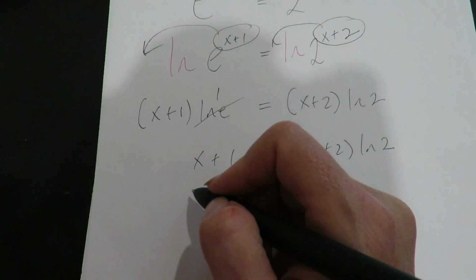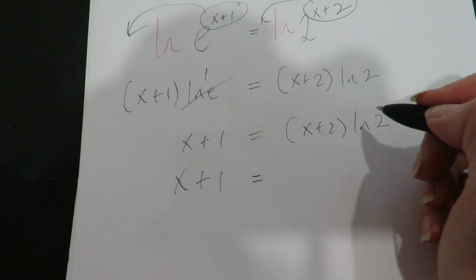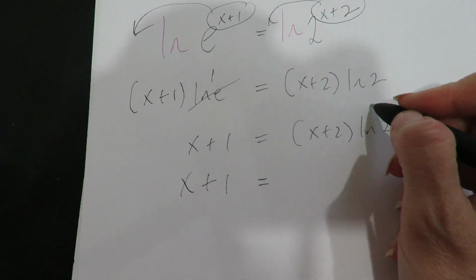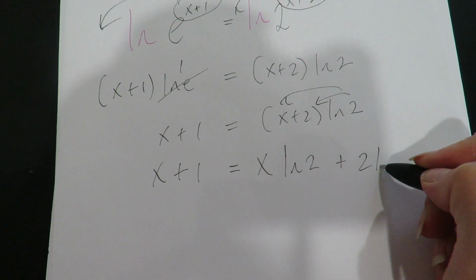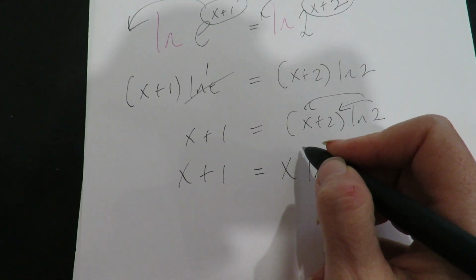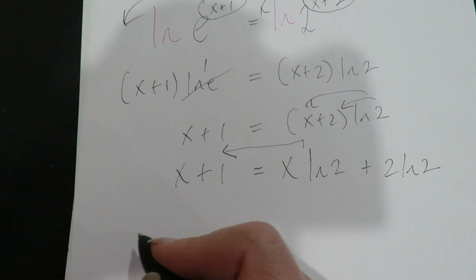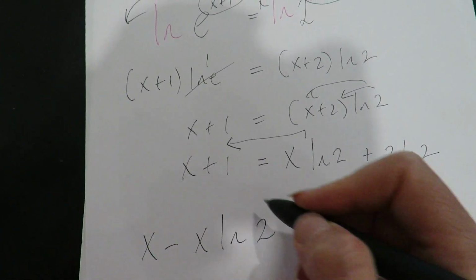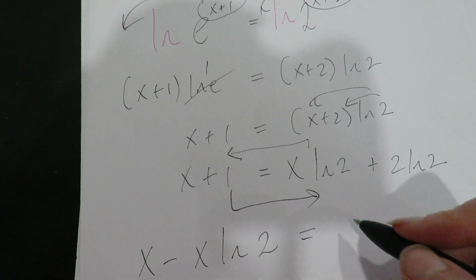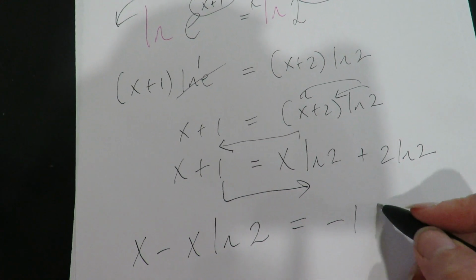Alright, so for this guy, we can just distribute this in, so x ln 2 plus 2 ln 2. Now let's get the x's on the same side. So let's move this guy over, and let's move this guy over this way. That'd be -1 on this side.